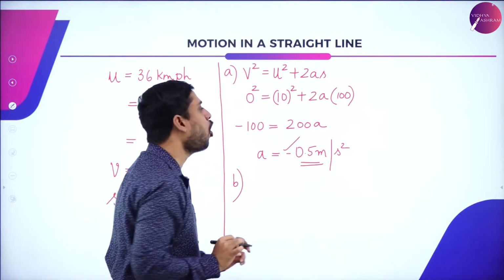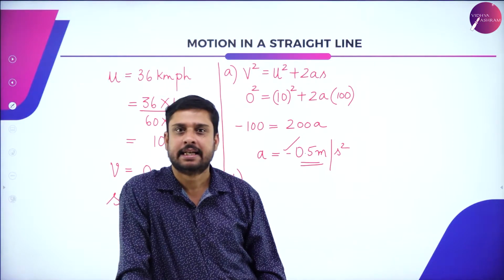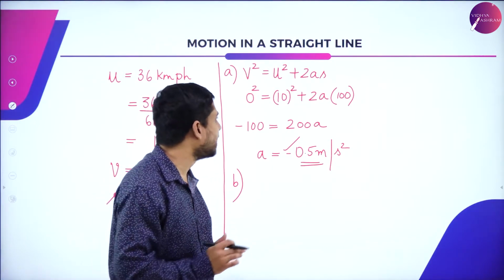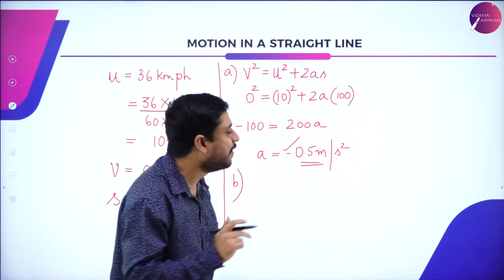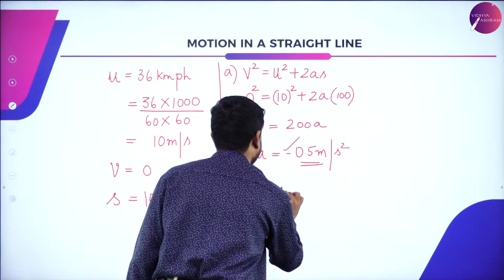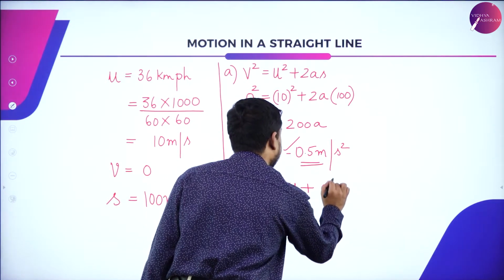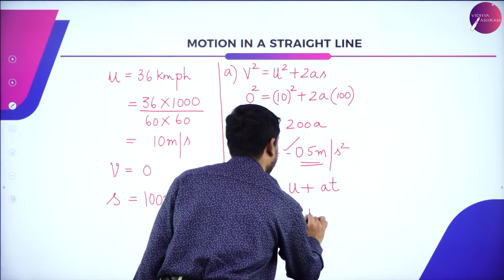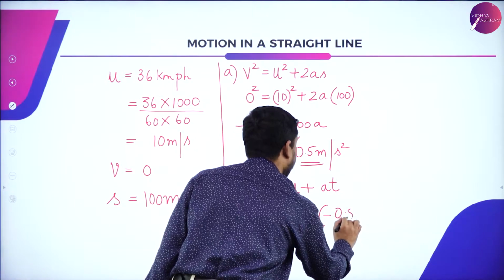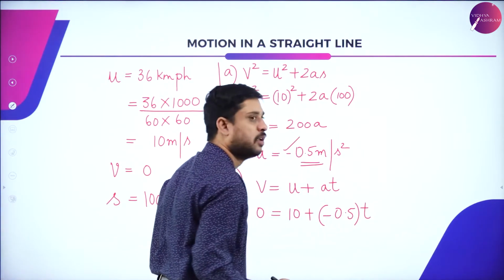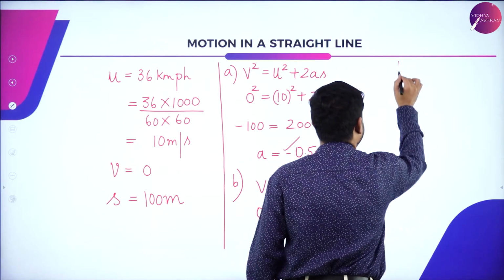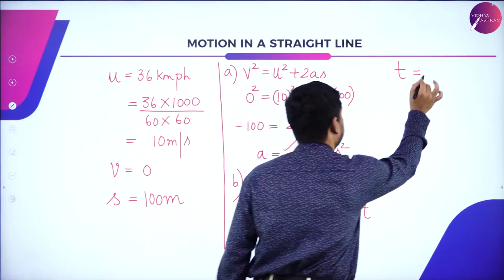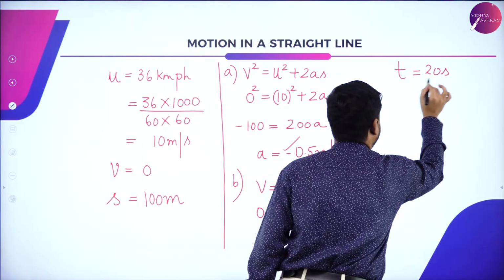And I also have to calculate the time interval in which it is brought to rest. So an equation with time, v equals u plus at: 0 equals 10 plus minus 0.5 t, or from this t is equal to, on simplification, 20 seconds.